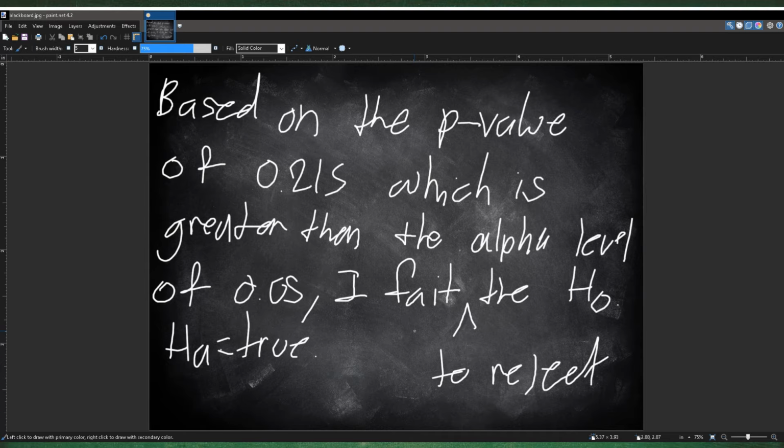So you say the null hypothesis is true, and then, sorry, I wrote this wrong, this one's false. Then you have to state that your alternative hypothesis is false. So your first sentence is about your null hypothesis, and your second sentence is about your alternative hypothesis.